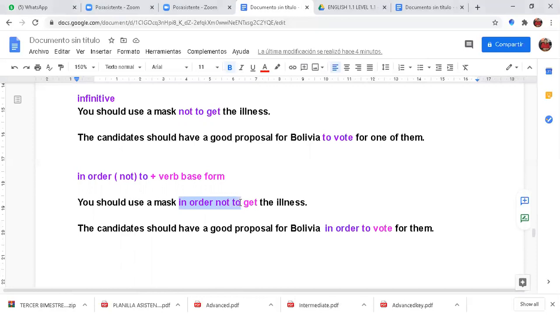But in order to is the clue. You should use a mask in order not to get the illness. The second example: the candidates should have a good proposal for Bolivia in order to vote for them.